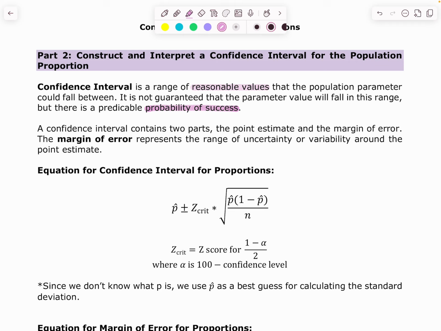So a confidence interval contains two parts, the point estimate and the margin of error. The point estimate we already talked about, that's our starting point, our best guess for what the value might be.